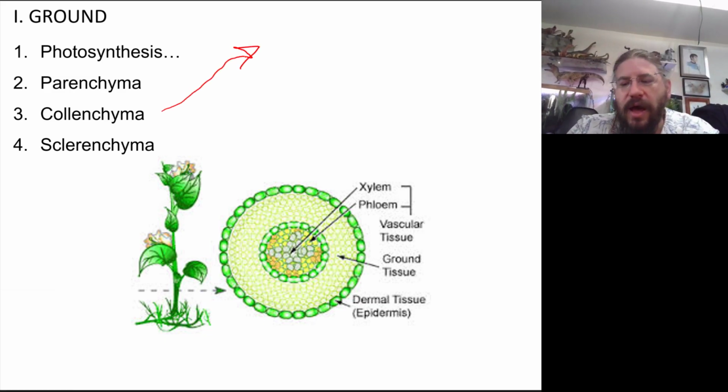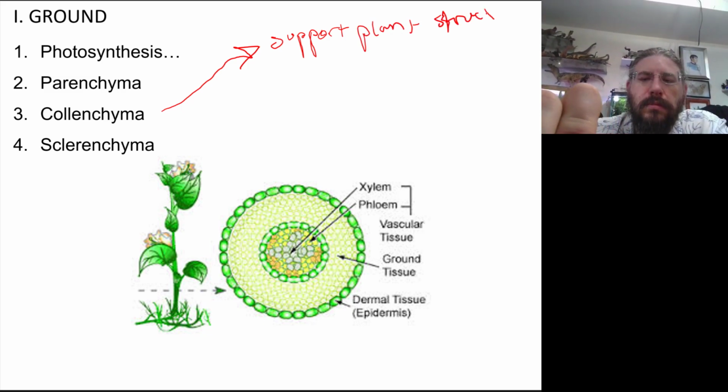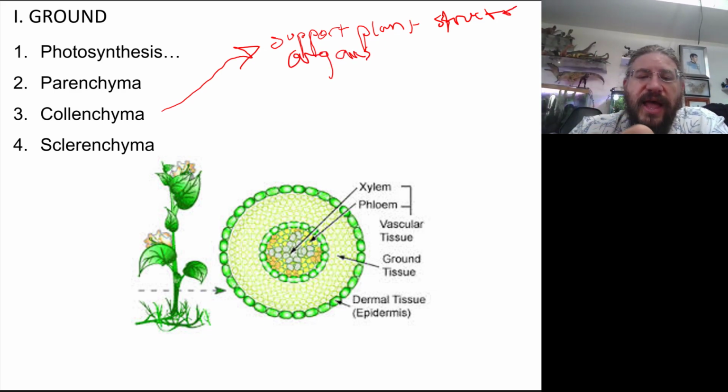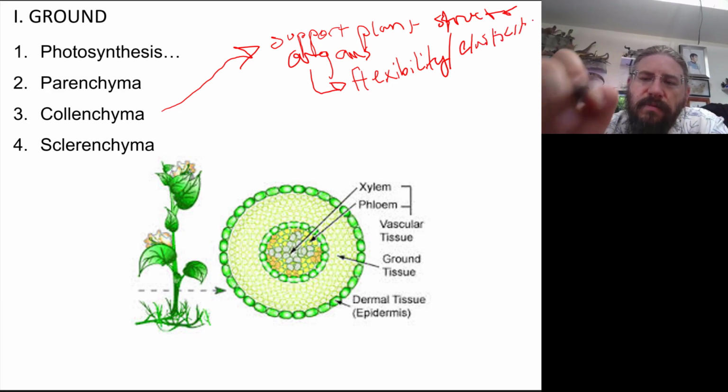The collenchyma are a flexible type of cell that support the plant structure and organs. They have a lot of elastic fibers that provide a lot of flexibility and elasticity, which allows the plant to bend without breaking.